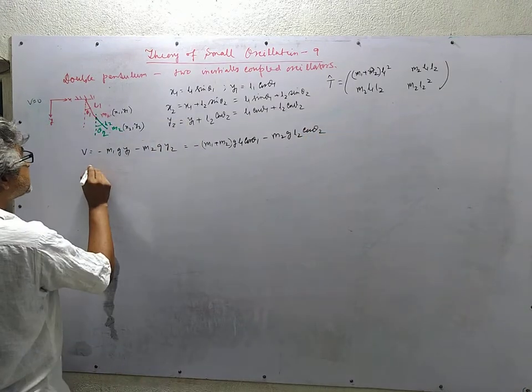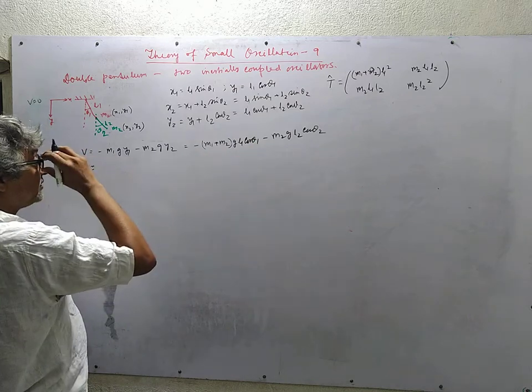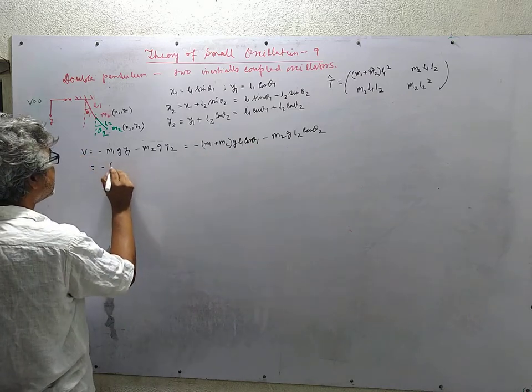Now we approximate it by expanding cos θ in a Taylor series.